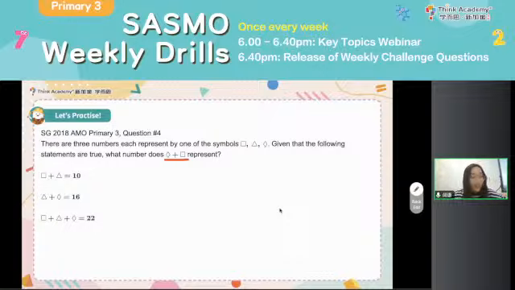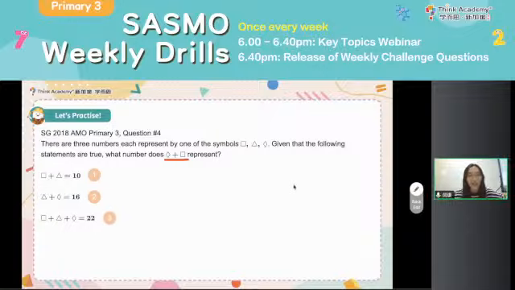Again, we just focus on the groups. Try to find that. How many groups can you find? Got it?